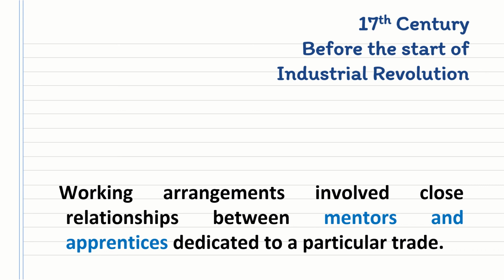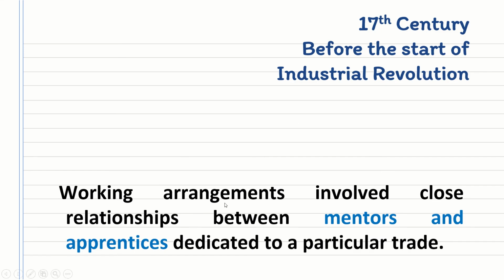Kung dati, mano-mano talaga ang paggawa ng mga task, ang paggawa ng mga produkto. And this was during the 17th century where there was no industry, there were no machines, there were no factories who could make products.